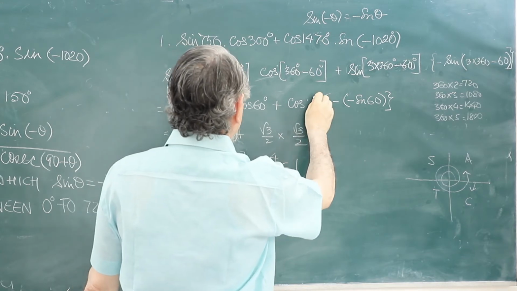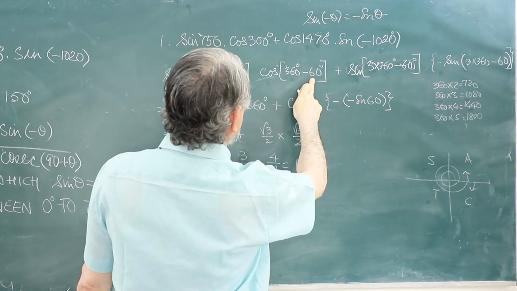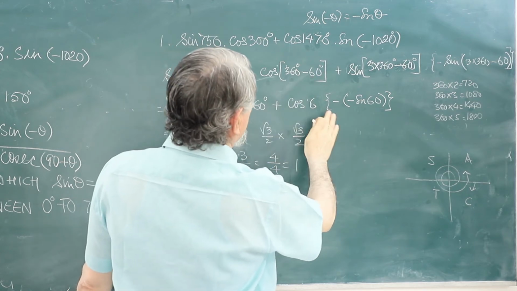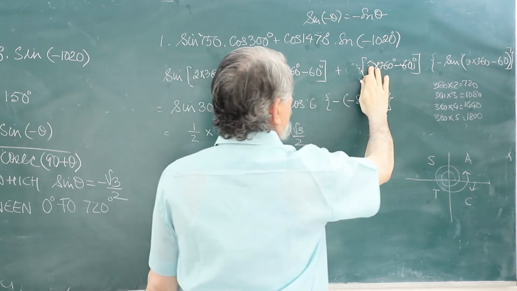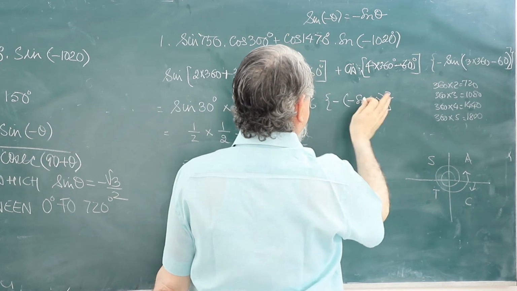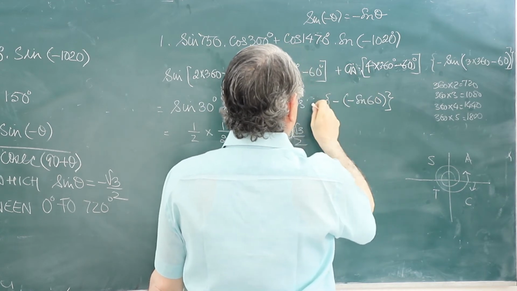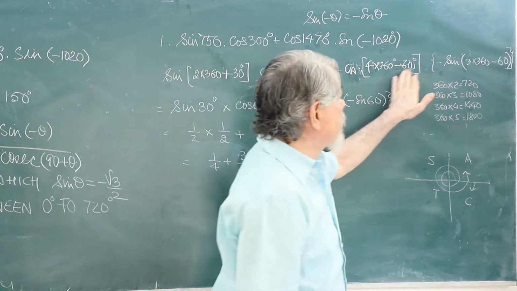It will be cos 60 as well. 360 minus 60. Sorry, what am I doing? Oh dear, it was all right. It was okay. It was 4 only here, cos sine was there. So everything was all right. It is cos 60 only.